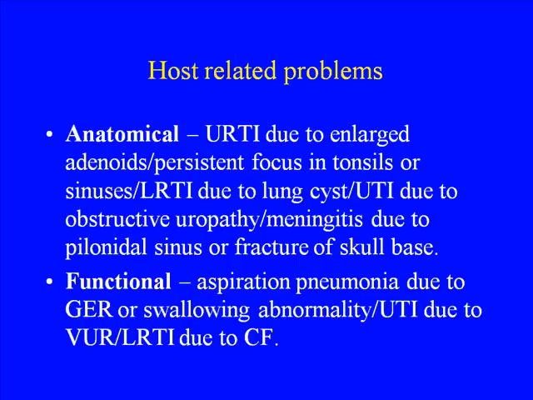Yes, so congenital malformation is one anatomical reason. I'm sure you have adenoids, a persistent focus of tonsils, sinusitis. I'm sure Dr. Jagdish talked of rhinosinusitis yesterday, day before, in the morning, and we know that sinusitis is very underdiagnosed. We need to be very sure this could be a cause of recurrent bacterial infections.